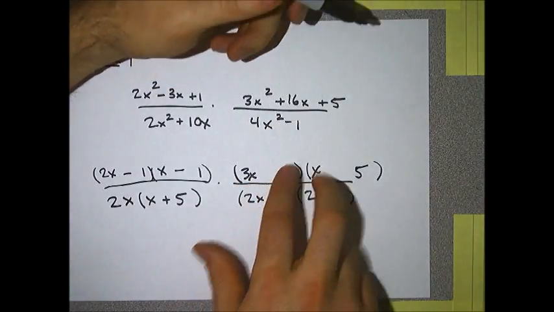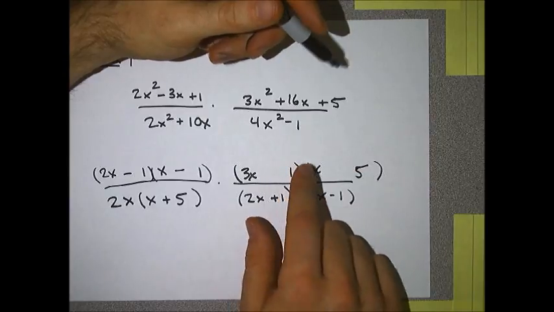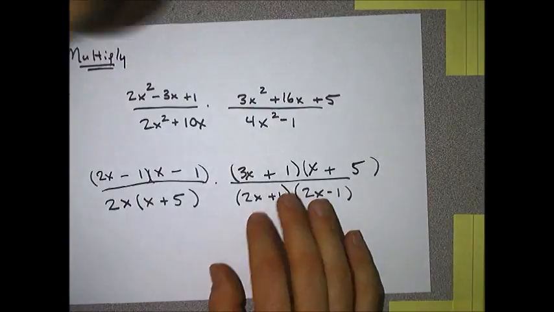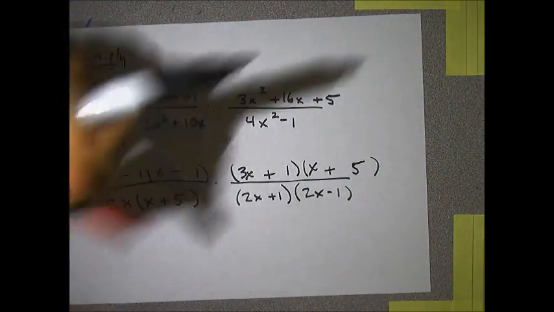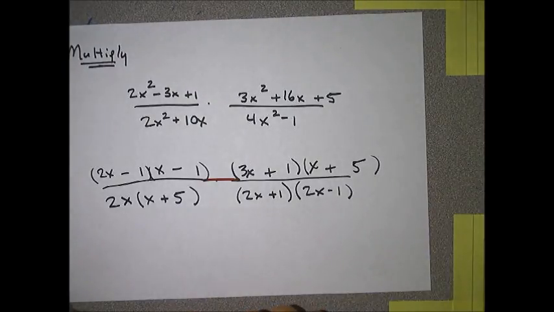The outer and the inner make that middle term, so the 15 and the 1 give me 16, and I want them both to be positive. So we factored, we bridge, and now anything that's the same from the top and the bottom we would cancel.